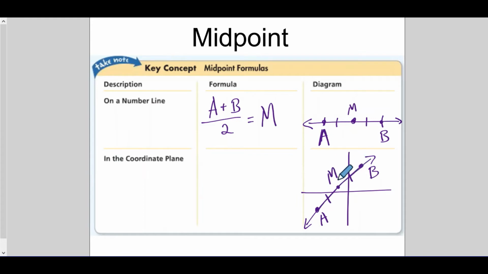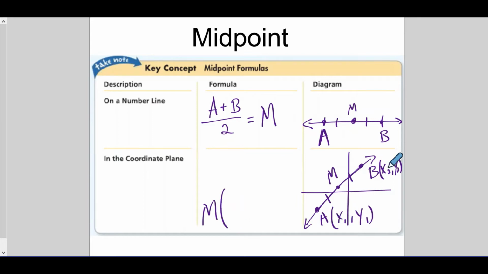To find the actual coordinates for point M, I'm going to label this as x1 and y1, and I'll label this as x2 and y2. You can flip-flop those, actually that doesn't really matter, the order, but you're going to find the average of the x coordinates and the average of the y coordinates, and together that will make the coordinates for your midpoint.